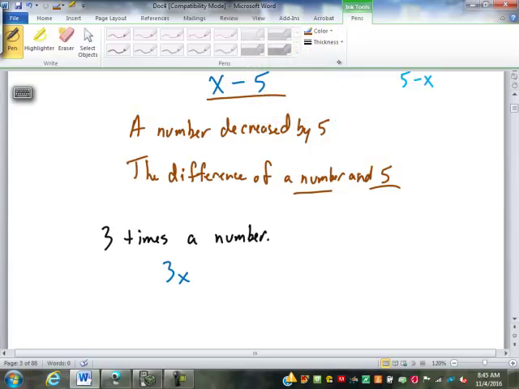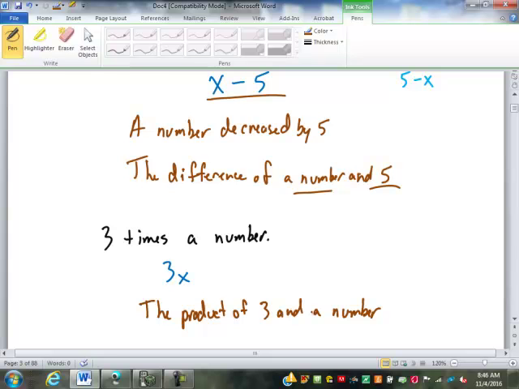Any other phrases that you can think of? The product of 3 and a number. A number taken 3 times. 3 multiplied by a number. A number multiplied by 3.